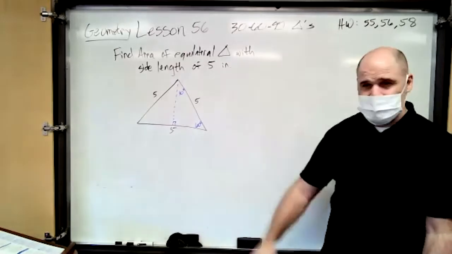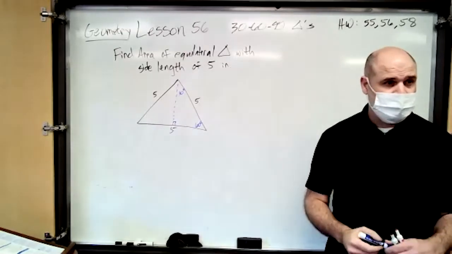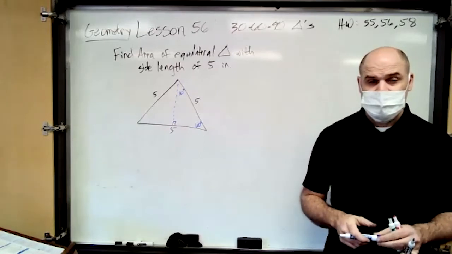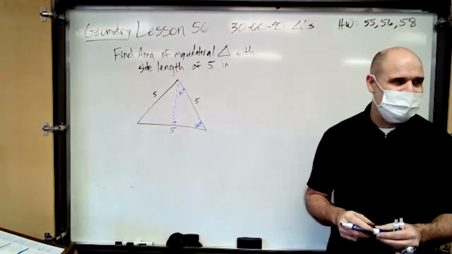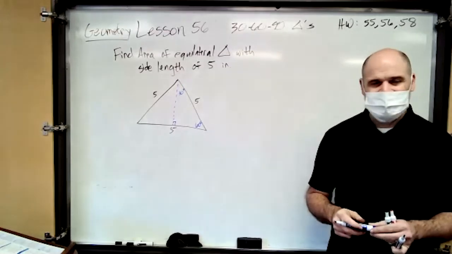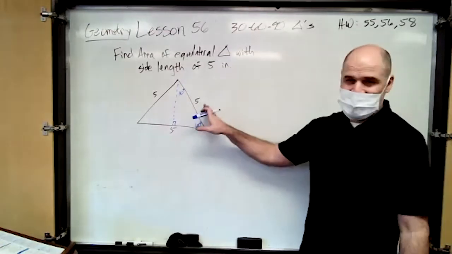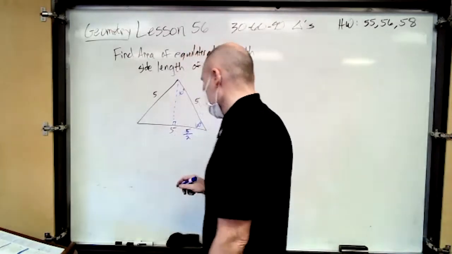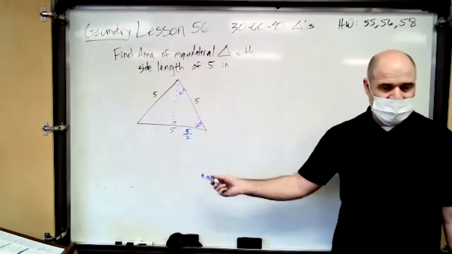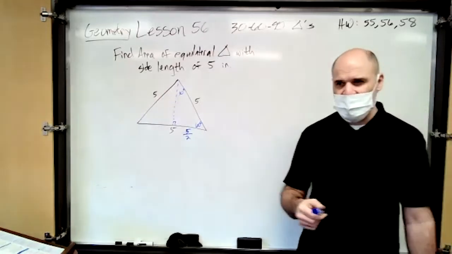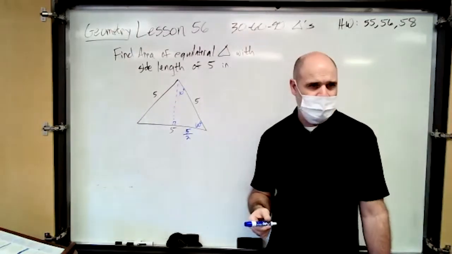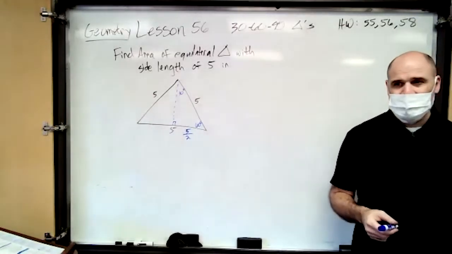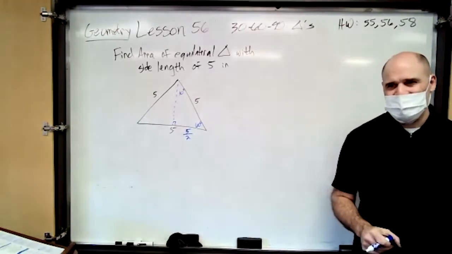So what's the length of the short leg? 2.5. It's just half of that, right? So you can just say 5 over 2. And then how do you find the long leg once you have the short leg? What do you do?